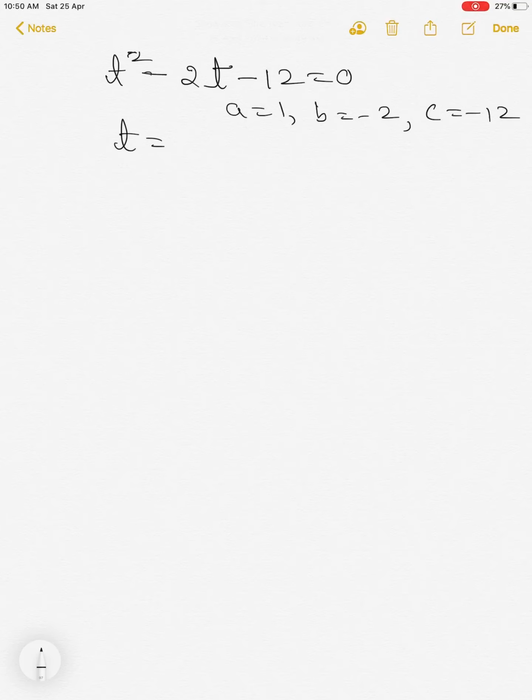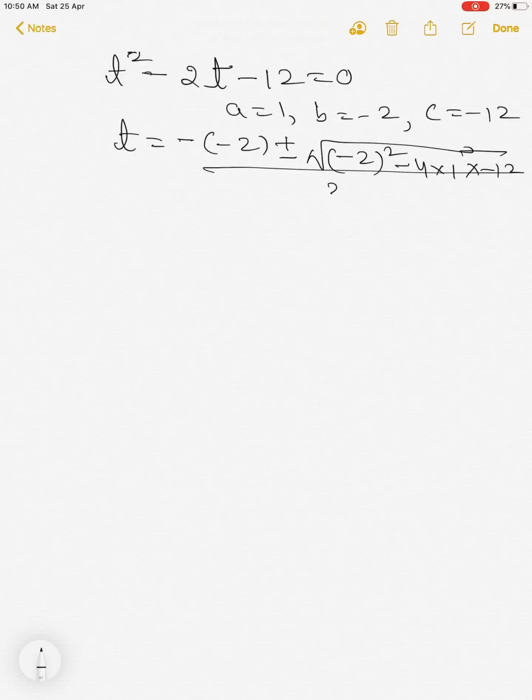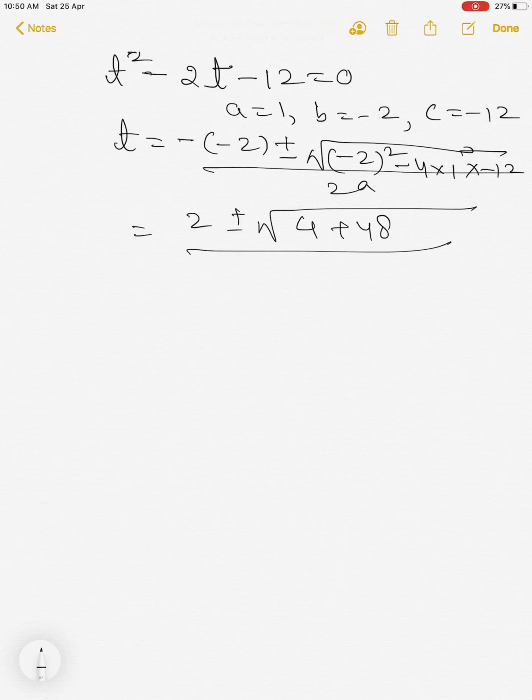It will be t = minus b, minus minus 2, plus minus root b square minus 4ac, upon 2a. It will be 2 plus minus root 4 plus 48 by 2 into 1.